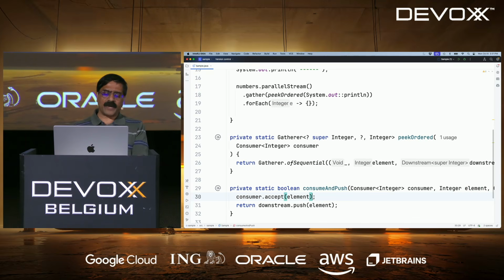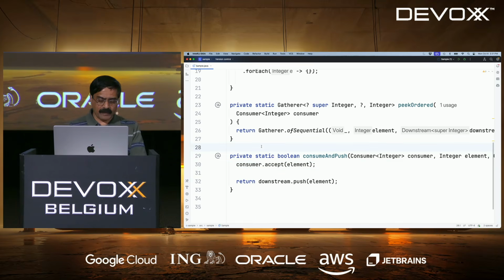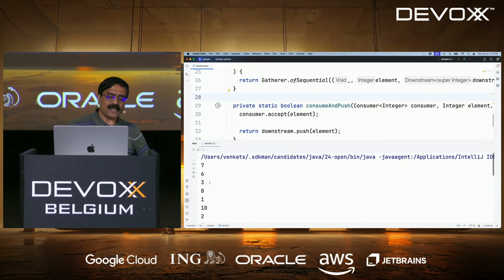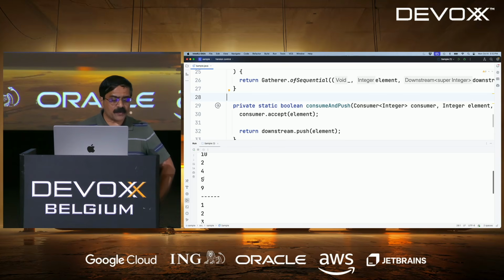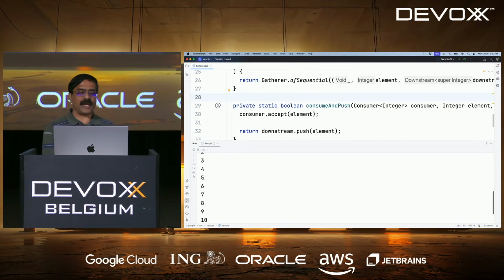So there's two steps, right? You take the element, consume it, and push it downstream. So now if you go back and execute it, you can see that's the top part where the parallel peek doesn't know the order. And then you can look at the next part here, the order is implemented. So what's happening in this case?